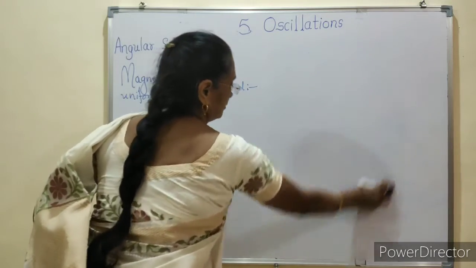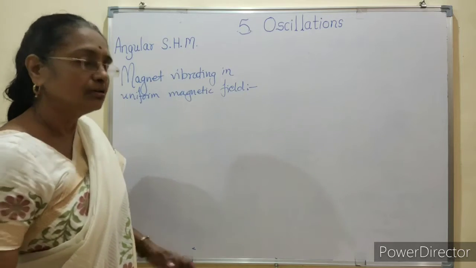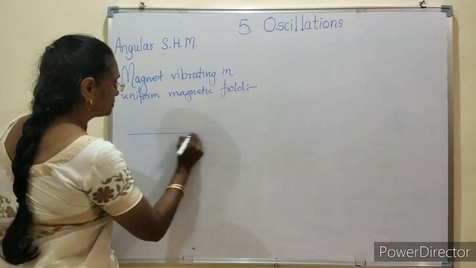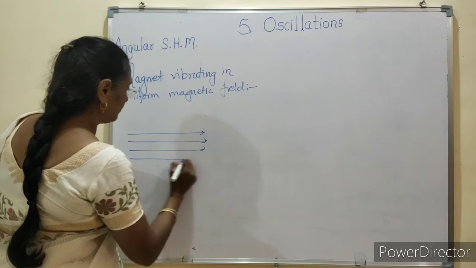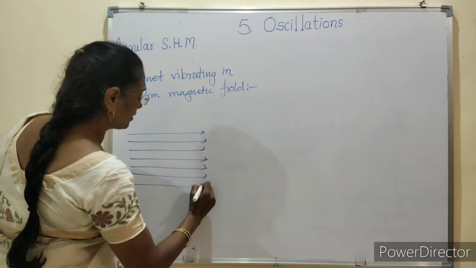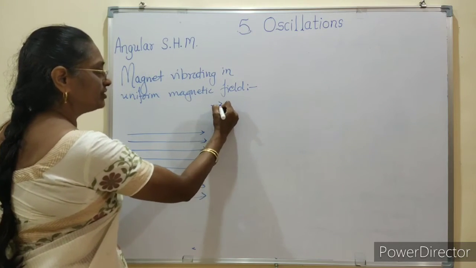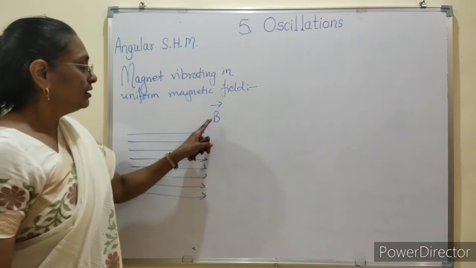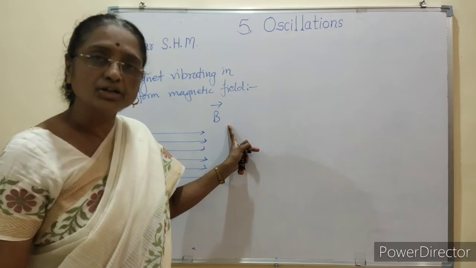For that, we consider the system in which there is a magnetic field which is directed, say, from our left to right, and its strength is denoted by B. It is also called magnetic field strength or magnetic induction.